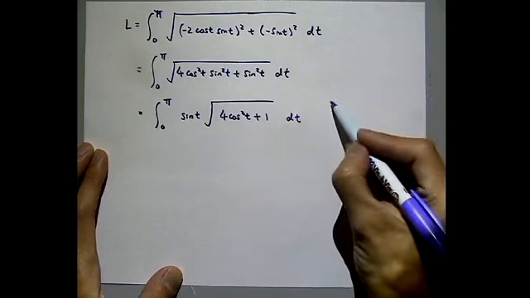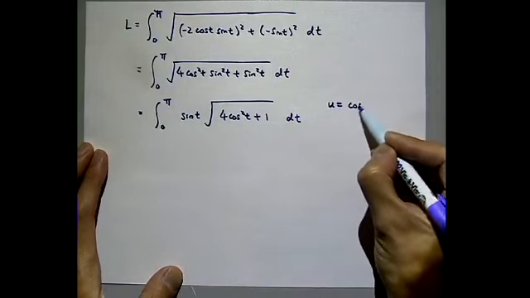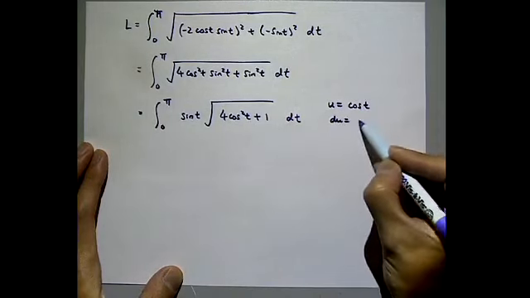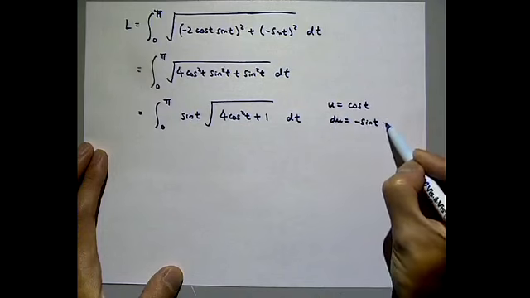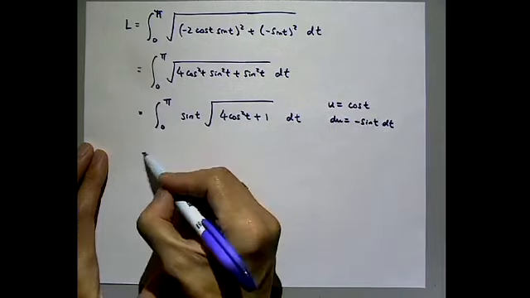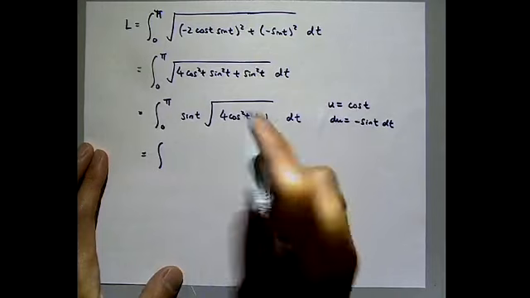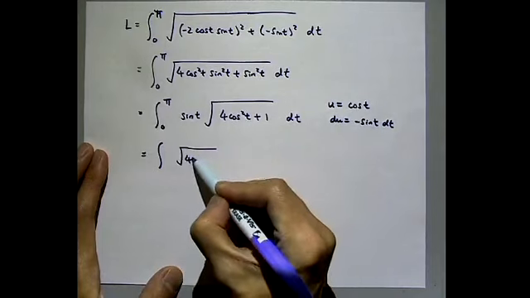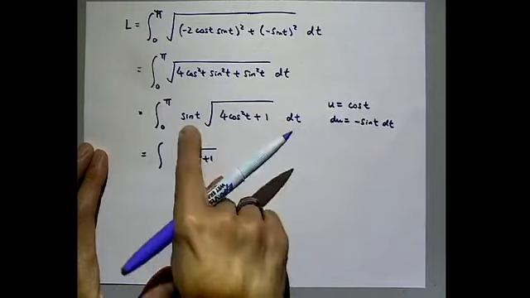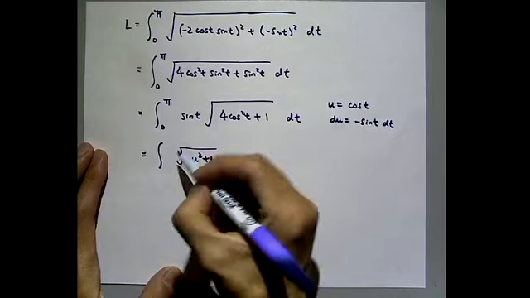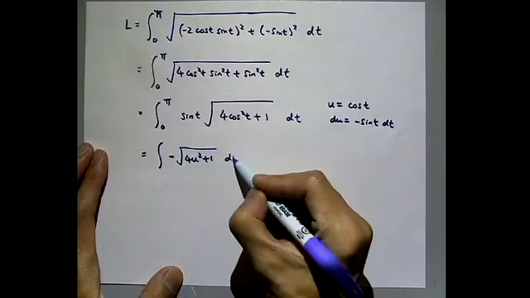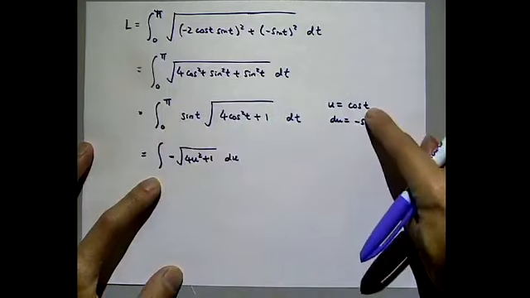Then I'm doing a substitution. And this turns into radical 4u squared plus 1 times negative du. And then the bounds I'm changing accordingly.